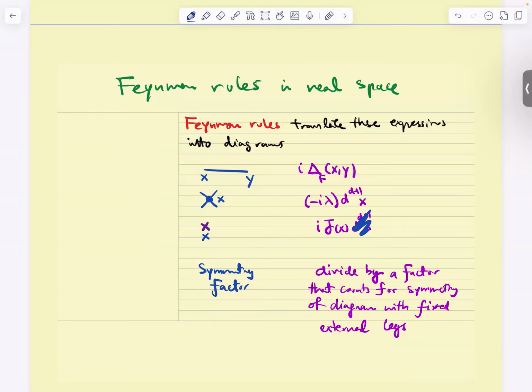It was a Fourier transform of 1 over k squared minus m squared plus i epsilon. Because the Fourier transform is easier to write, maybe you should be doing Feynman diagrams in Fourier space. There's nothing wrong with doing it in real space; it's just that you can't be super explicit about what Delta_F is.